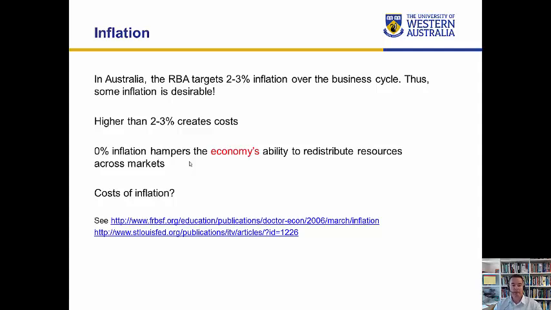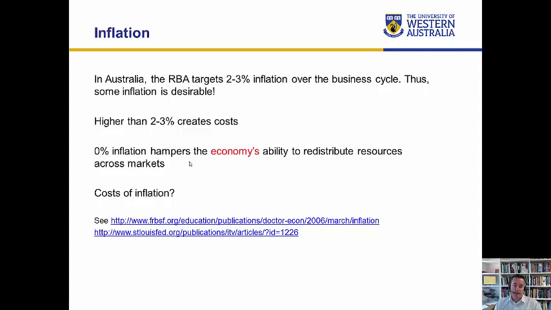So if we've got some inflation, 2 to 3%, it's simply a matter of markets being able to more easily achieve those relative price changes than if we had no inflation at all. As I said, even the central banks that have written about this are not suggesting that zero inflation would make it impossible for relative prices of apples and bananas to change. They are saying that if inflation is 0%, that effect is not going to be as efficient or as quick to occur.